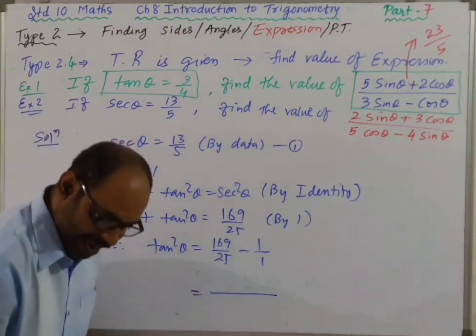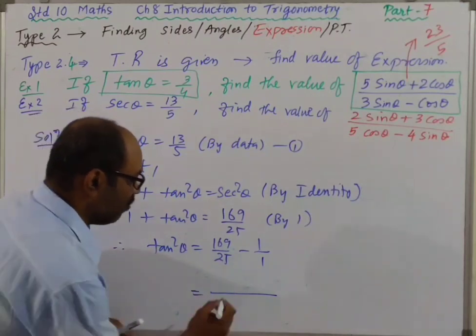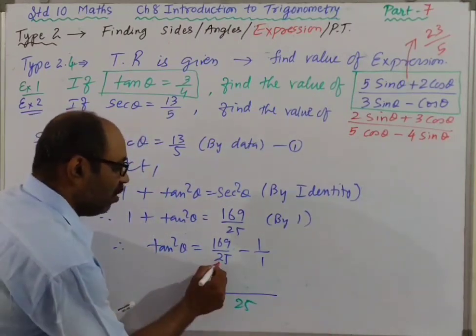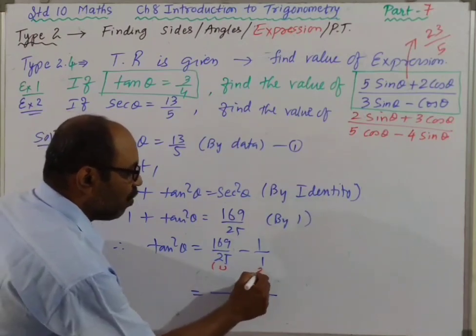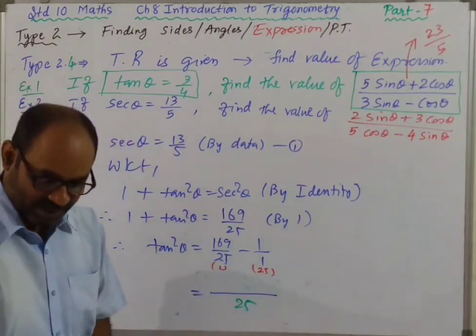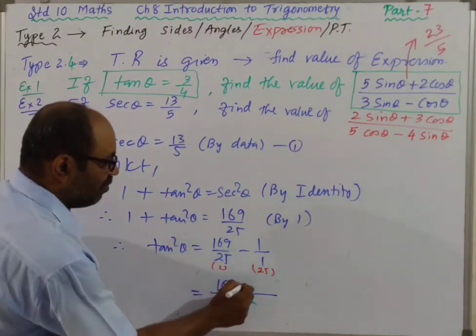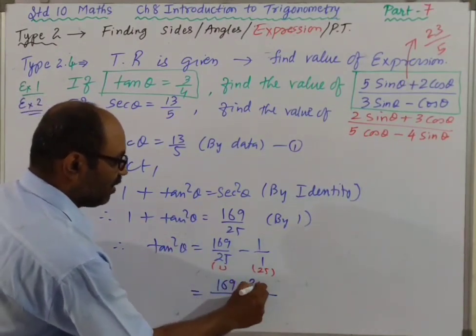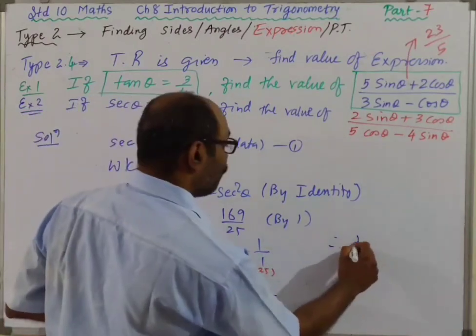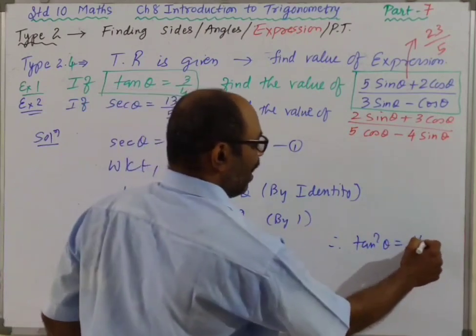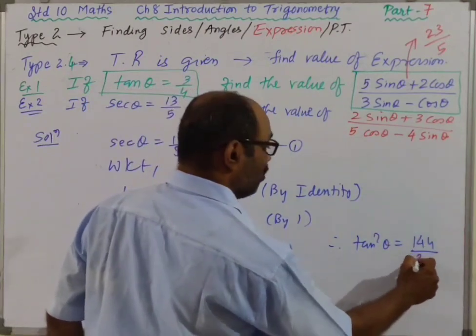The LCM of 25 and 1 is 25. Now 25 1s are 25. So 169 minus 1 into 25 is 25. Therefore, tan square theta is equal to, if you subtract, 144 upon 25.